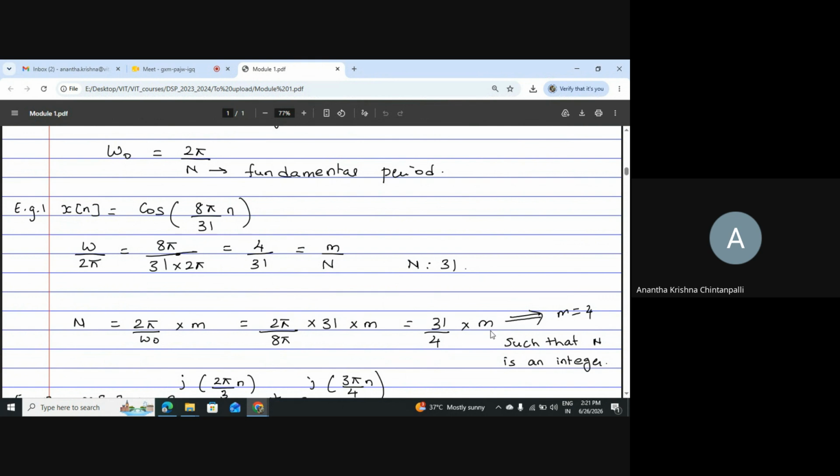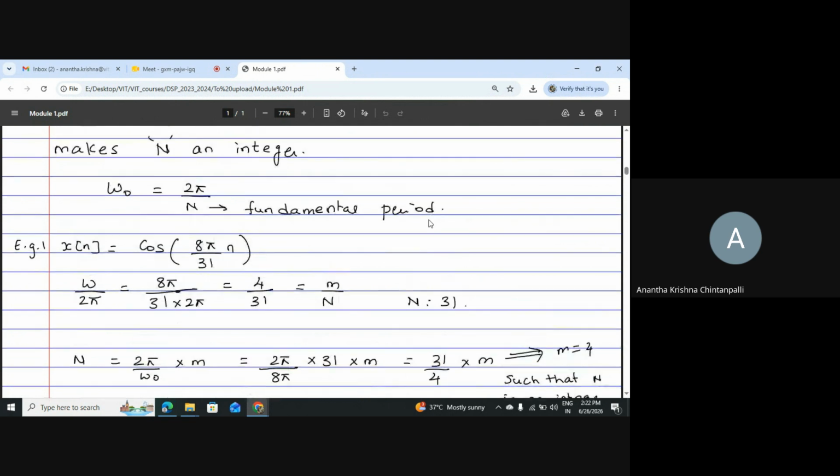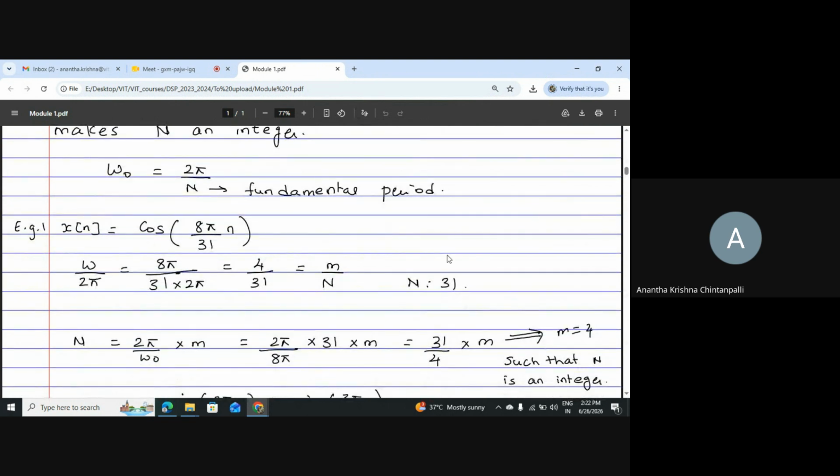What should be the smallest integer value of m such that my capital N becomes the fundamental period? Because 4 is there, m has to be positive, greater than 0, so m has to be 4. Then N is going to be 31, which is shown in the example here.